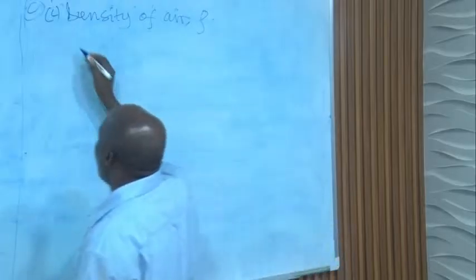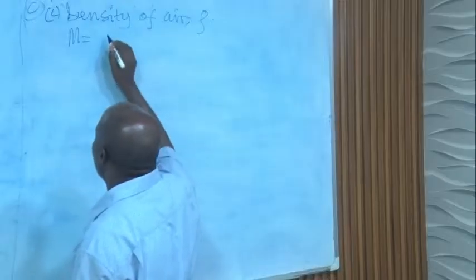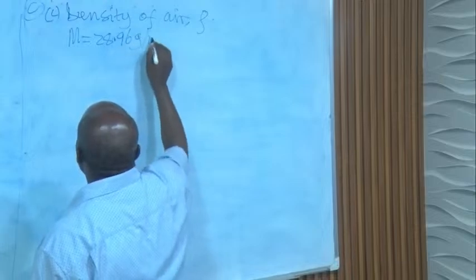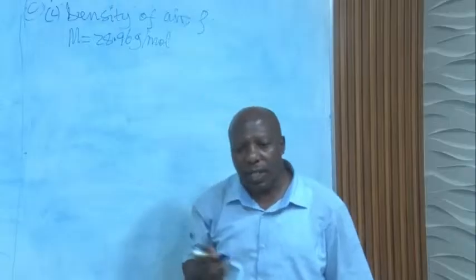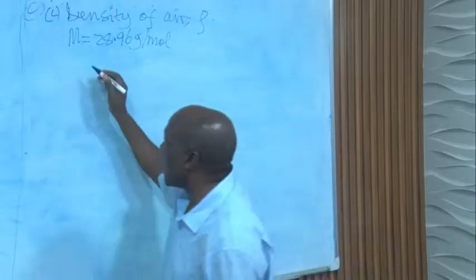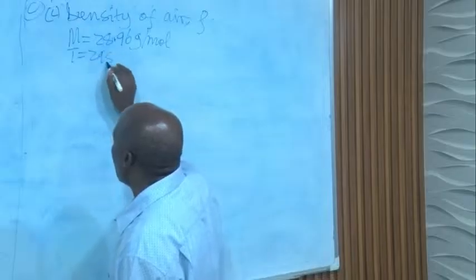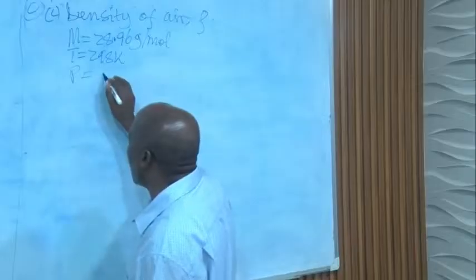Now, the molar mass of air is assumed to be 28.96 grams per mole. The conditions under which this air exists are that the temperature is 298 Kelvin, and the pressure of the surrounding is 1 atmosphere.